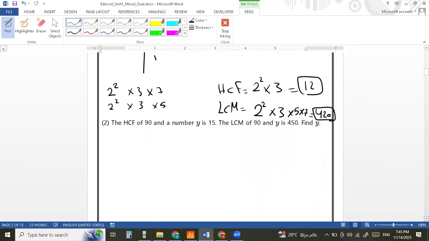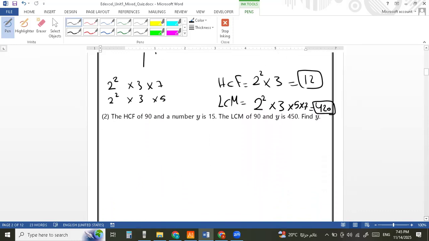They're saying to you here that the HCF of 90 and a number y is 15. So the HCF of 90 and a number, and that number is y, is 15. While the LCM of 90 and the same number y is 450. What is y? If I have the highest common factor and the lowest common multiple, let's say by now it is not just 90, it is x and y.